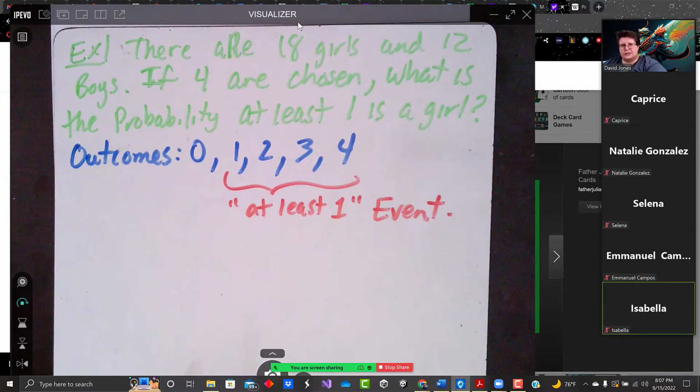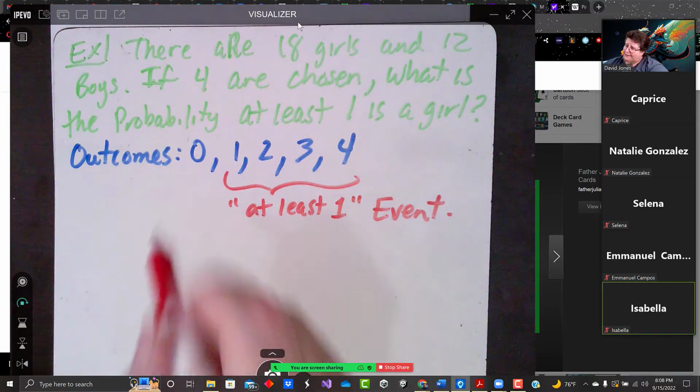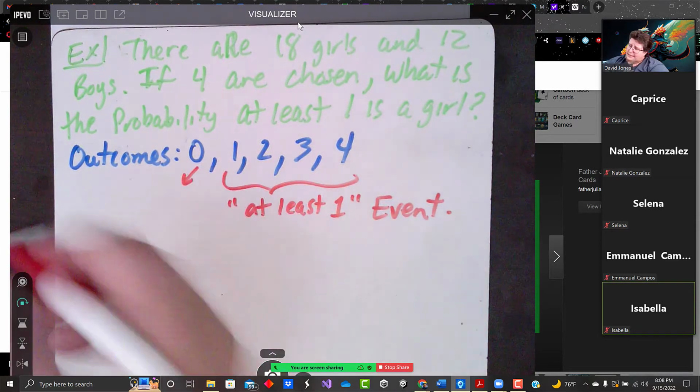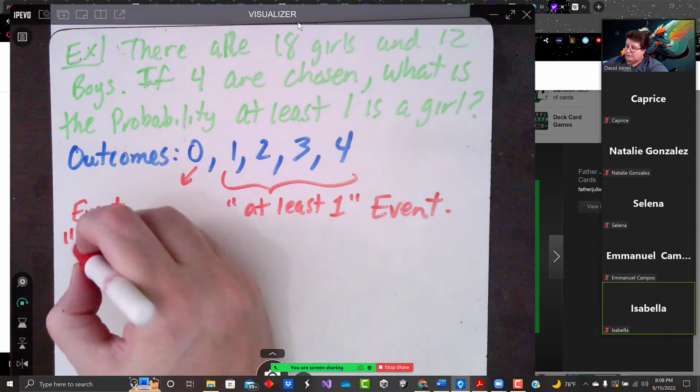And we will get into how to calculate something like this next Tuesday. So we're not going to have the answer yet, but notice I have another possible event. The event is not at least one.